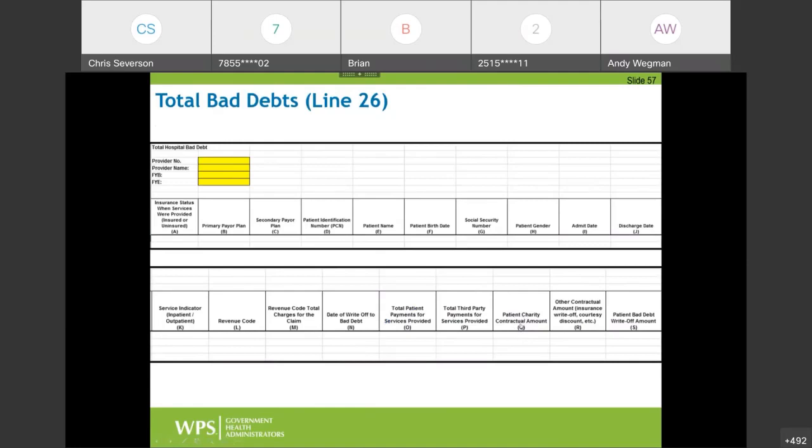So this doesn't necessarily have to tie to your charity care listing from this year. There might be a string of charity care amounts that have been written off for that person, for that claim. We're just trying to figure out of these charity care charges how much is reasonably left as a bad debt write-off amount. That's the point here.